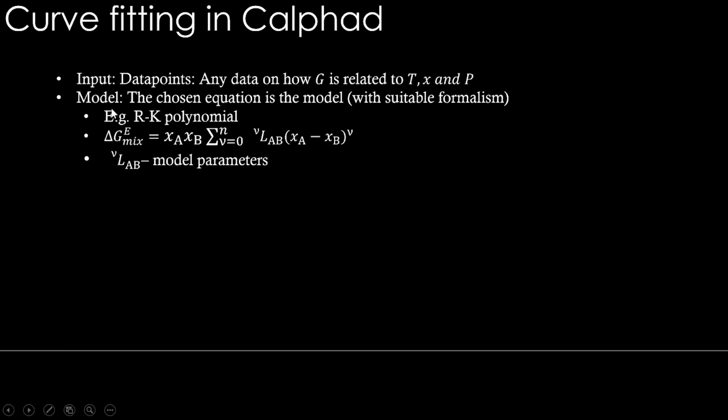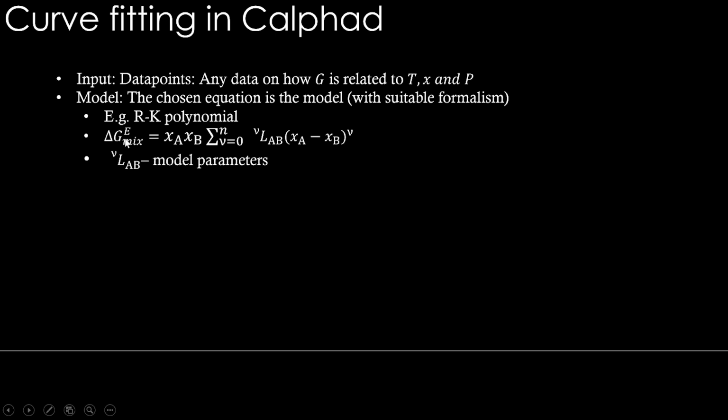Now the model is going to be the chosen equation, as we said before, with some extra things called formalism. We will see about that later. Essentially it is the equation that we are choosing. For example, the RK polynomial, a polynomial fit called the Redlich-Kister polynomial. We have seen about that previously.